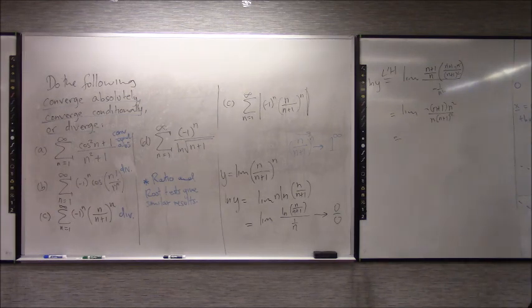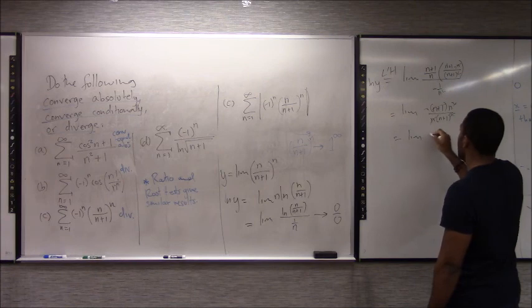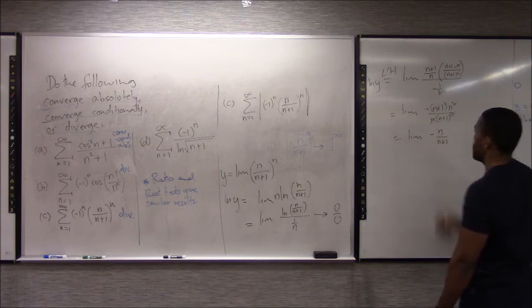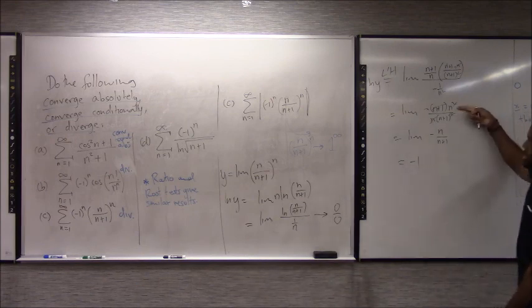It cancels out. It's negative n over n plus 1. Sure, you could see something quicker though. The limit of negative n over n plus 1, what happens? It's negative 1, right? Because it's negative n cubed over n cubed. The limit's going to go to negative 1.